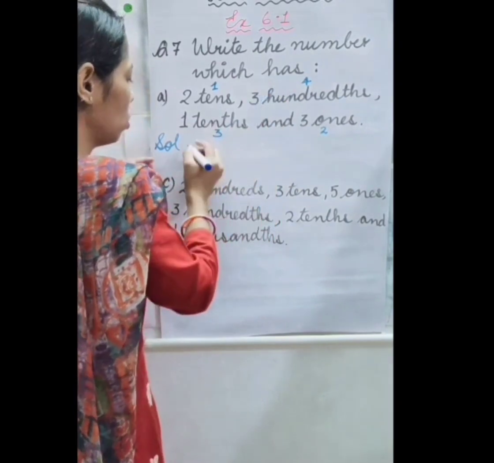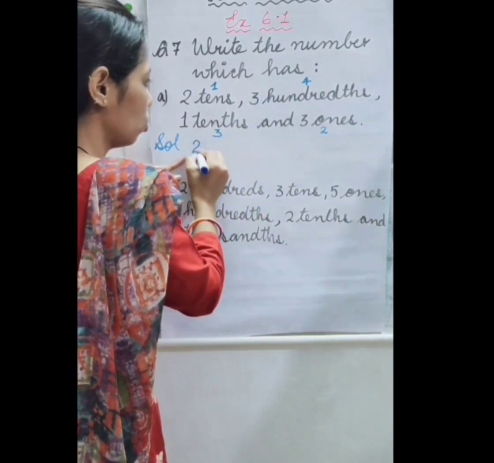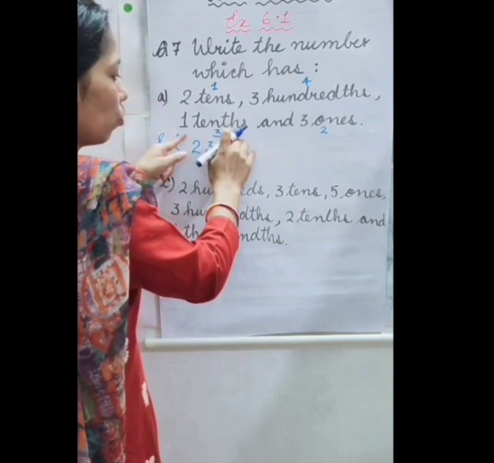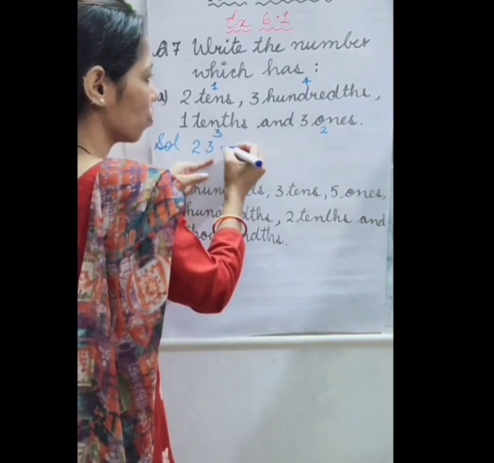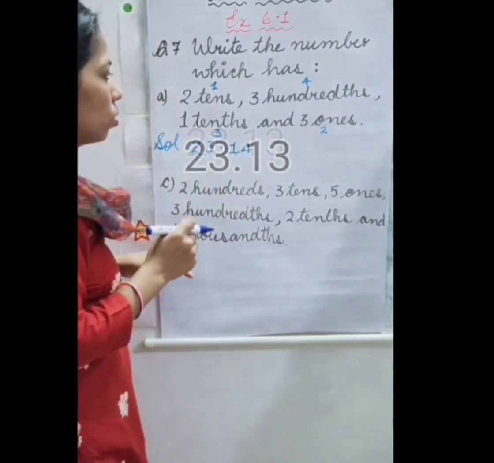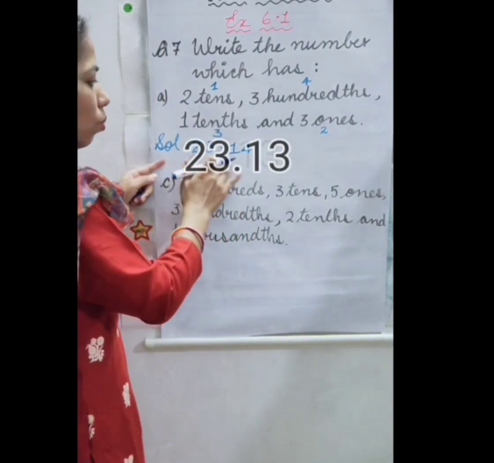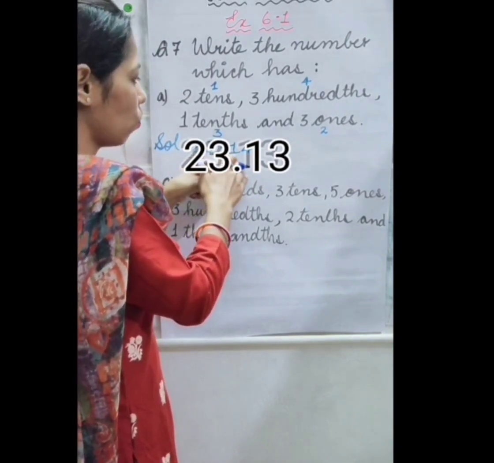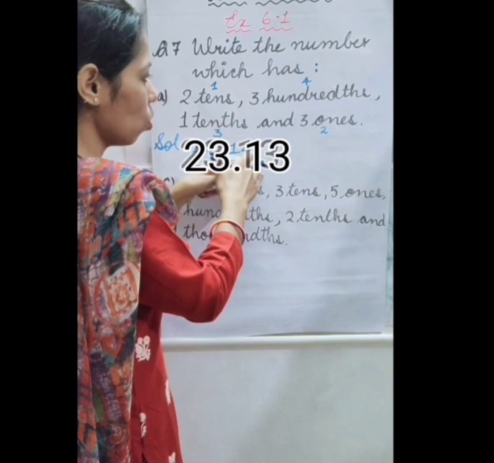So 1, 2, 3, 4. So first we will write 2, 3. As we know, before tenths a decimal will come. So 23.13. 2 tens, 3 ones, 1 tenths, 3 hundredths.